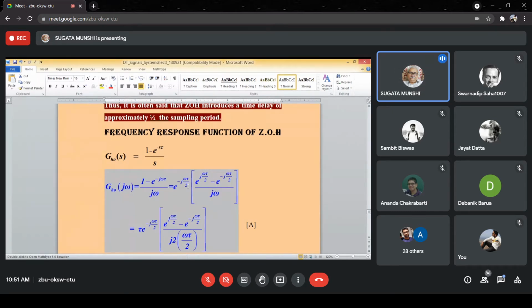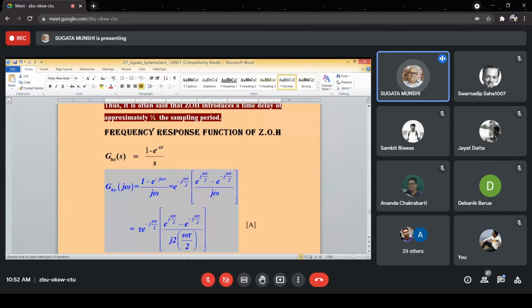It will be e to the power j omega tau by 2 minus e to the power minus j omega tau by 2. Multiply this difference with e to the power minus j omega tau by 2, and you will get the numerator, 1 minus e to the power minus j omega tau. So I have maneuvered this expression in that manner.